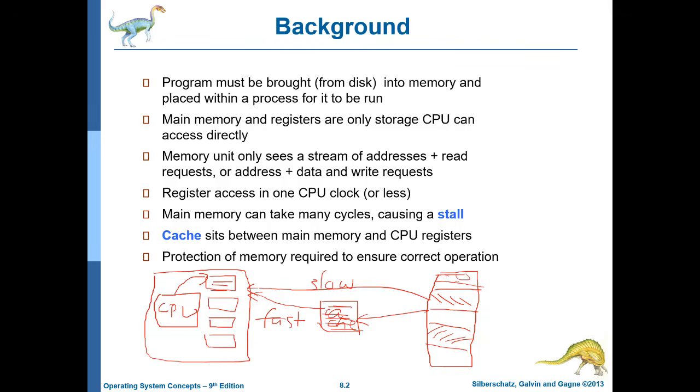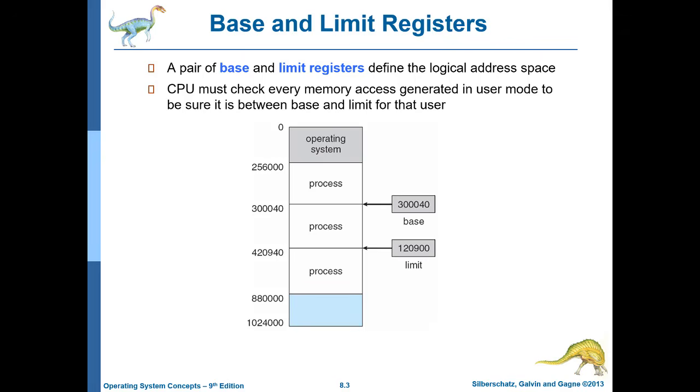So for example, here we see that in this RAM we have three processes. Each process has its own address area, which is denoted by these address numbers. For example, the operating system is in the addresses which start from 0 to 256,000. In this memory area you have the operating system.